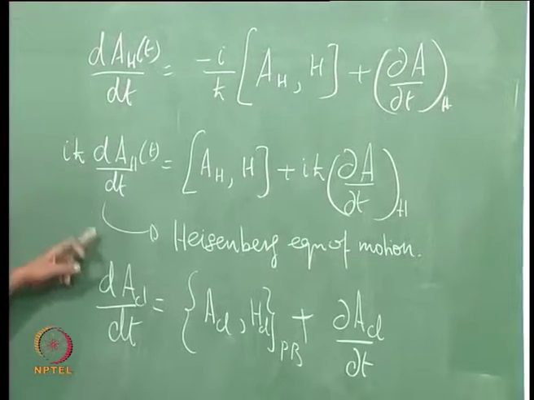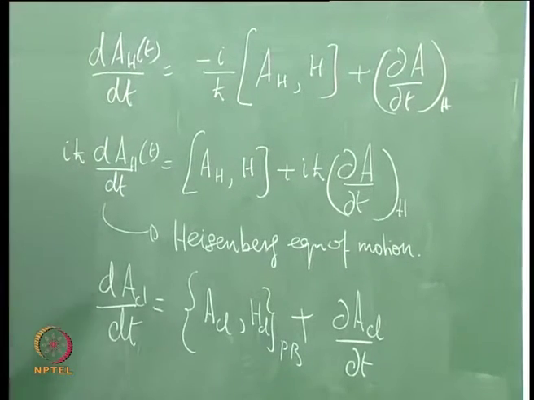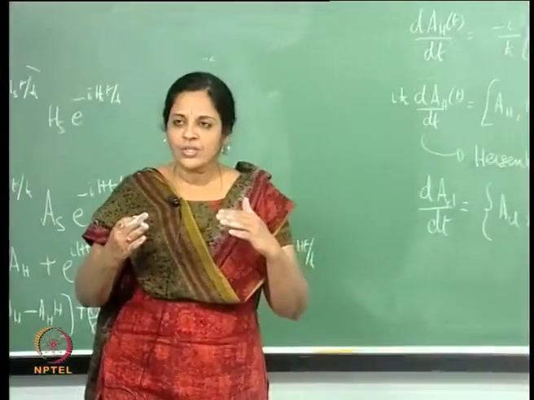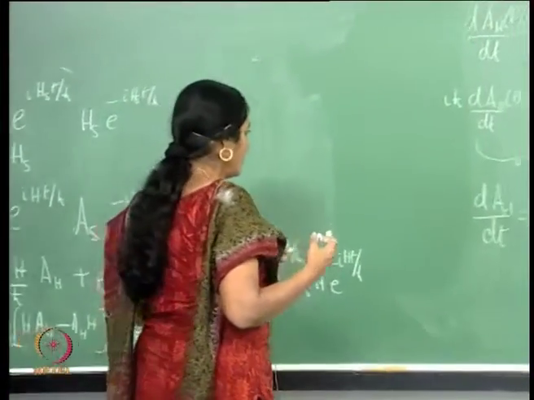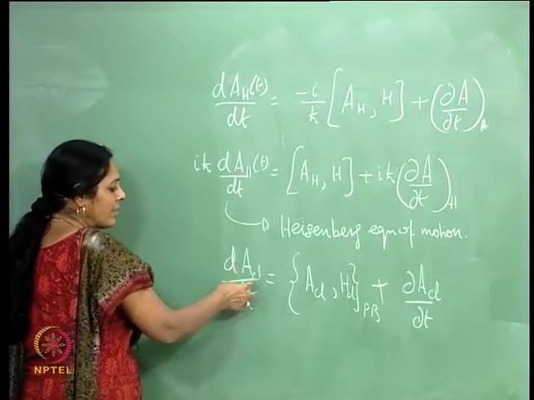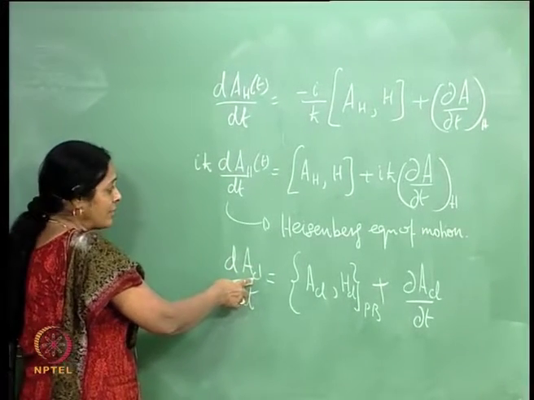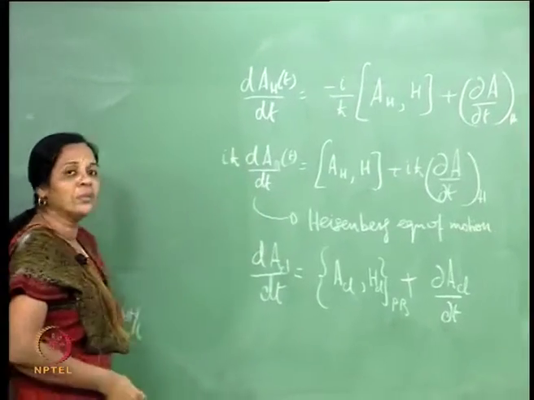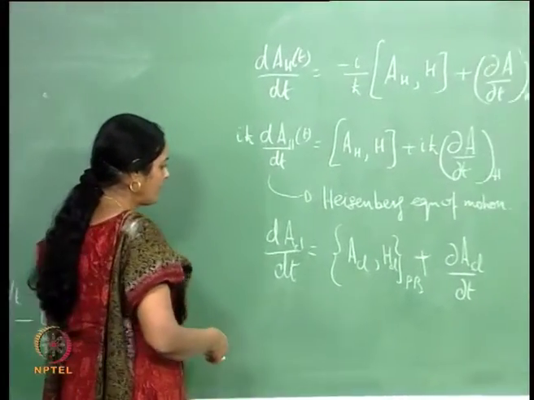Compare these two equations. The Heisenberg picture seems to be closer to classical physics because the equations are very similar, and all said and done, it's the dynamical variables in classical physics that are replaced by operators in quantum physics.